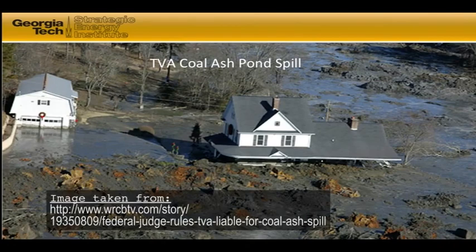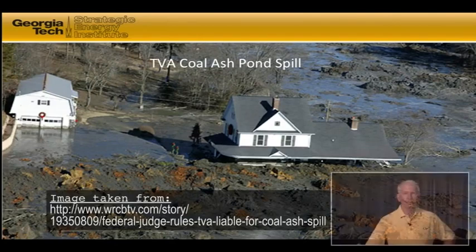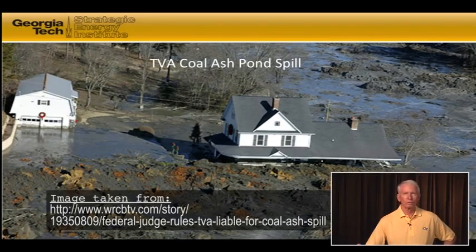They have to get rid of them from the boiler and the firebox, and they put them in ponds. And these are toxic ash ponds, coal ash ponds, and every once in a while one will rupture and the dam that holds it in will break.